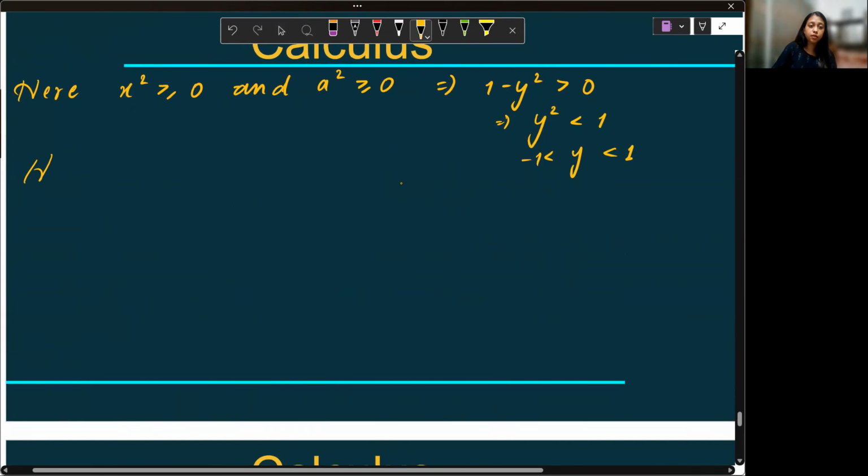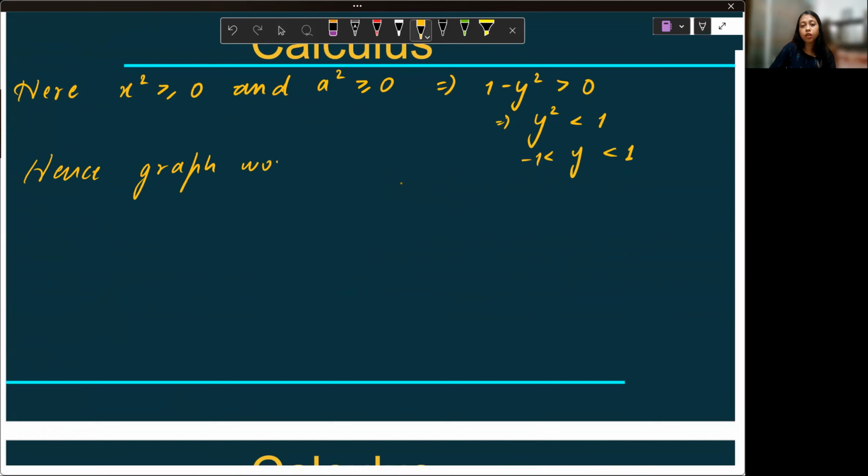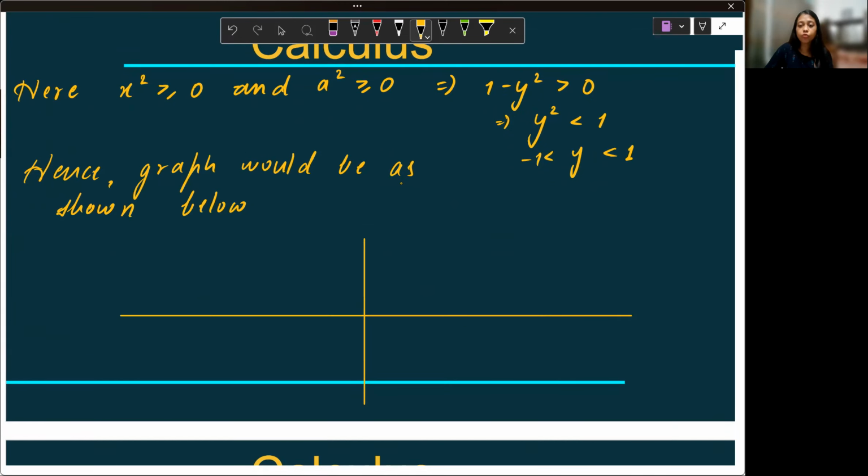So hence the graph would be as shown below. From the region, I got to know that x cannot be between minus a to a. So this is x equals minus a, and this is x equals a.